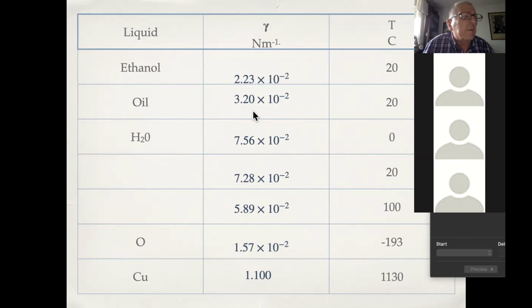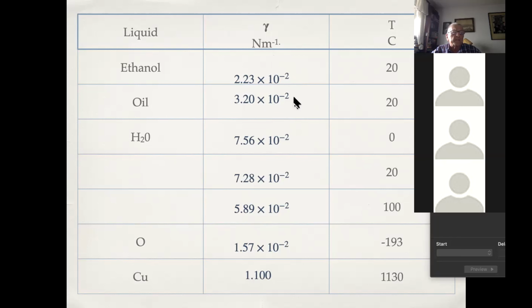So for example, take a liquid which we all know from everyday use, I'm talking about the disinfection of our hands due to the pandemic: ethanol. Ethanol's surface tension at a temperature of 20 centigrade is about 2 times 10 to the minus second newtons per meter. The oil, like kitchen oil or olive oil, has only slightly higher surface tension.